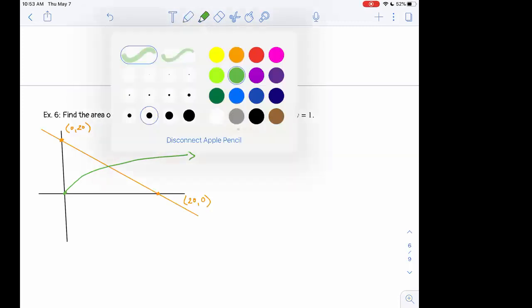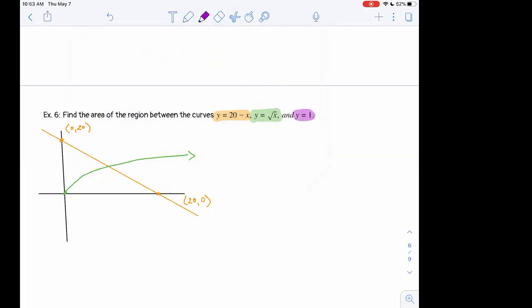And now we've got one additional curve to take a look at, which is y equals 1. And y equals 1, we saw earlier, is going to be a horizontal line at y equals 1. So that's going to be something kind of like this.